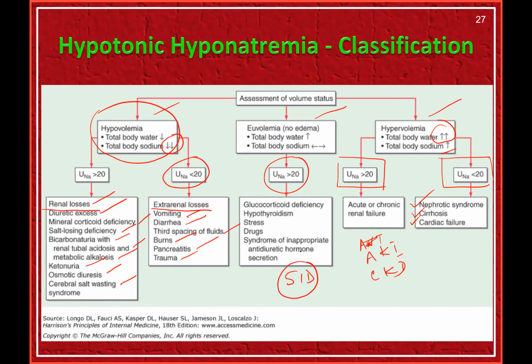Inappropriate here because there is excess body fluid, water is there, but then antidiuretic hormone should not be secreted, it should be stopped, it's not suppressed. That is called inappropriate secretion. There are inappropriately high levels of an ADH-like molecule which acts like ADH, though it is not from the posterior pituitary. That is the cause. Okay.